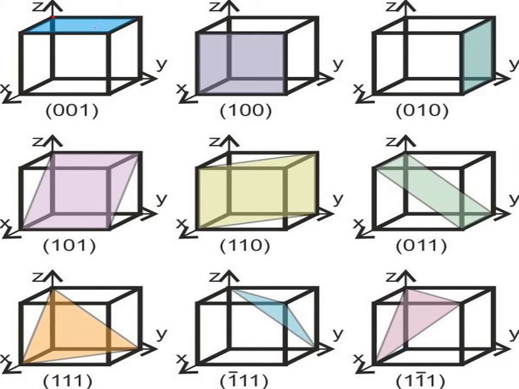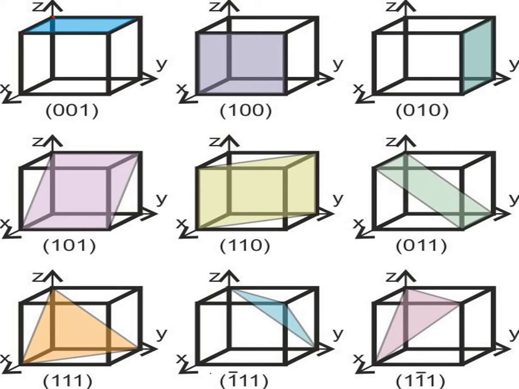Then here we get the (001) plane. Similarly, there is the (100) plane over here, and the (010) plane. As these three are of the same family, if you rotate this cube, you will see that all these planes are basically the same. Then we have (101), (110), and (011).